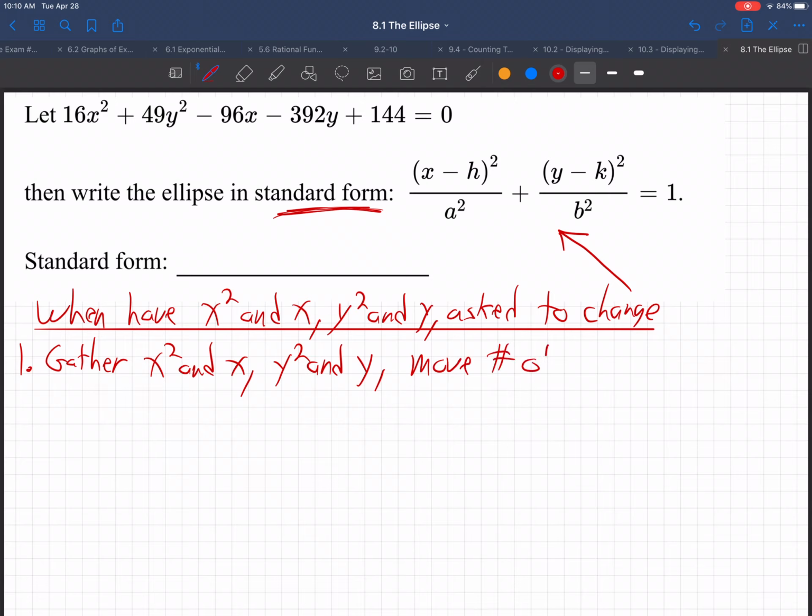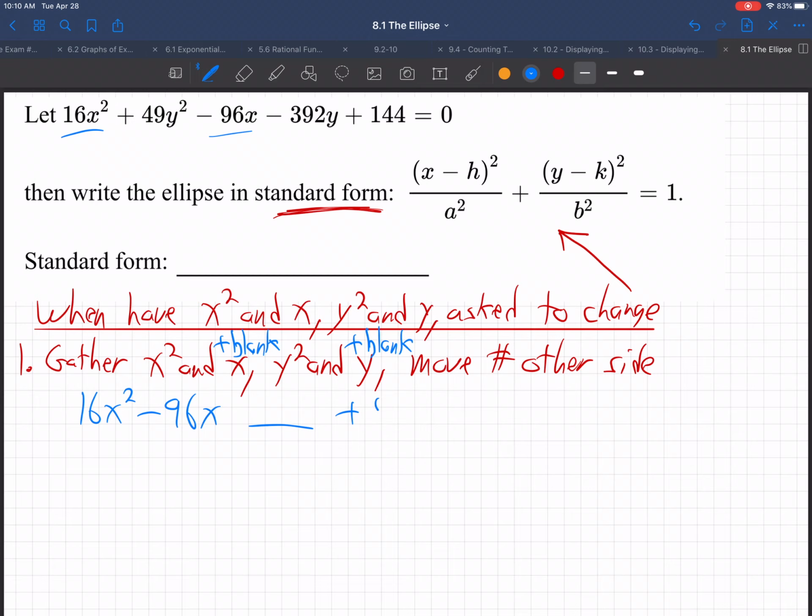Move the number to the other side. So what am I talking about? I'm going to gather 16x squared minus 96x, and I'm going to leave a blank, plus a blank.